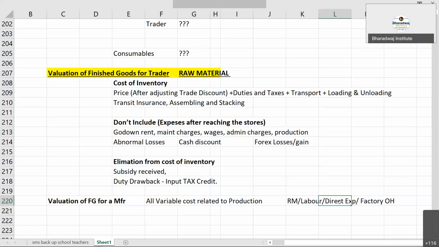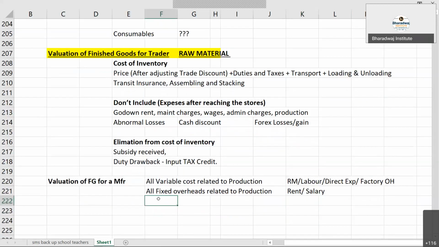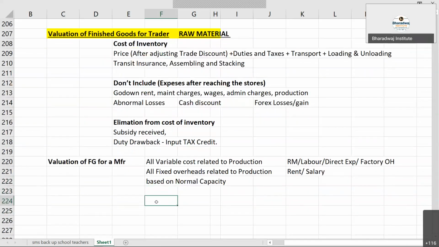All factory overheads can be included, variable overheads and all fixed overheads related to production, not administration. Fixed factory overheads like rent, supervisor salary, all those things can be included. It should be calculated based on normal capacity. Fixed overhead should be absorbed based on normal capacity.